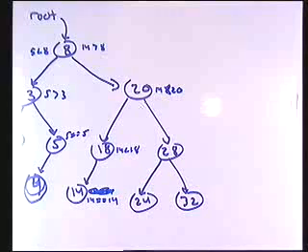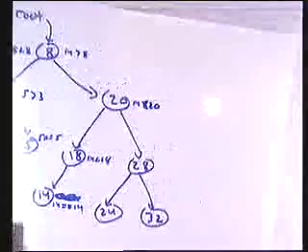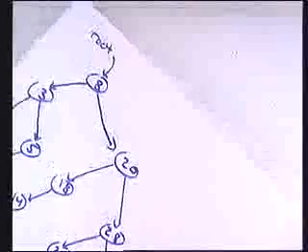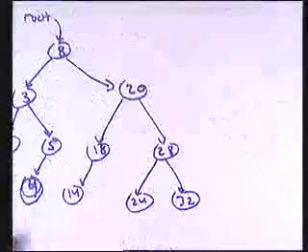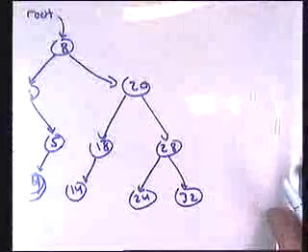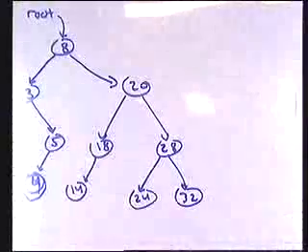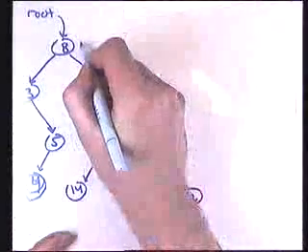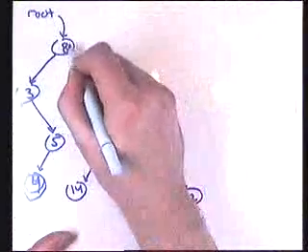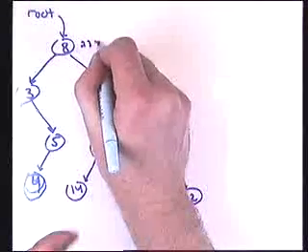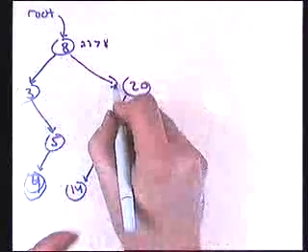Likewise, when looking for 14, I know 14 can only be in the right subtree of 8. It couldn't be in the left subtree of 8 because 14 is greater than 8. So if I'm going to search for a particular value that is not there, for example, 23, well, I say 23 is not equal to what's in this node, but 23 is greater than what's in that node, so I look to the right.